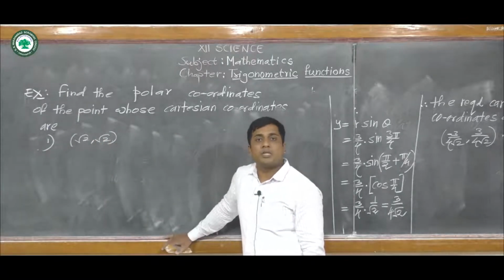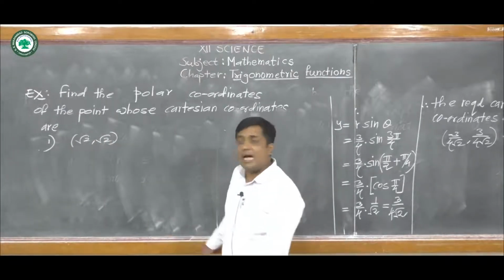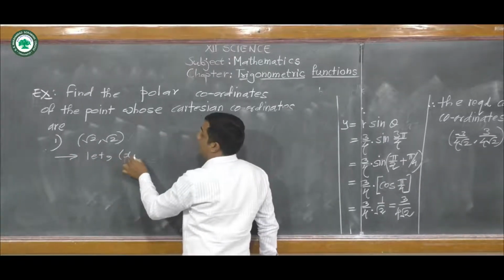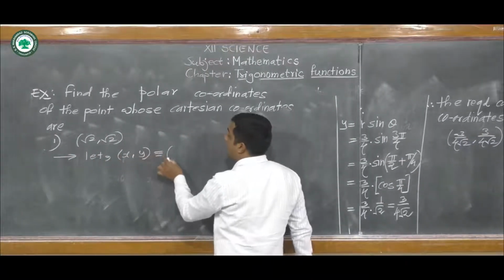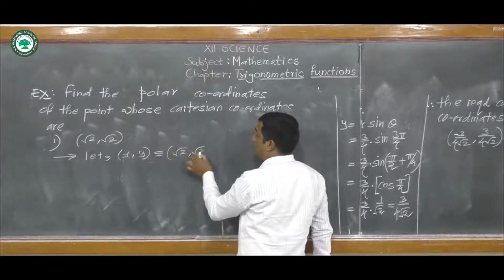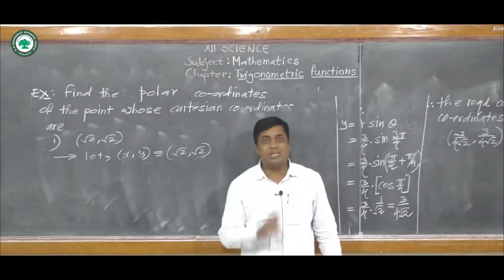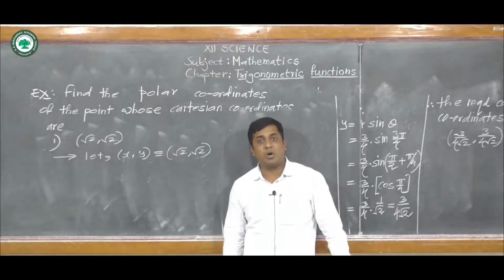This Cartesian coordinate is given. Let us consider this as xy. Let the ordered pair xy be equivalent to the ordered pair root 2, root 2. We know this point is in the first quadrant.